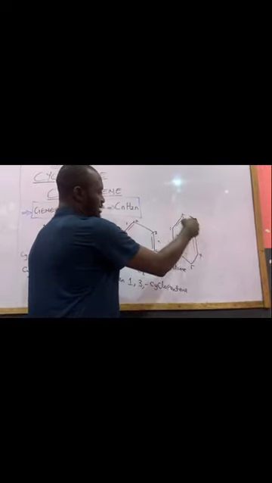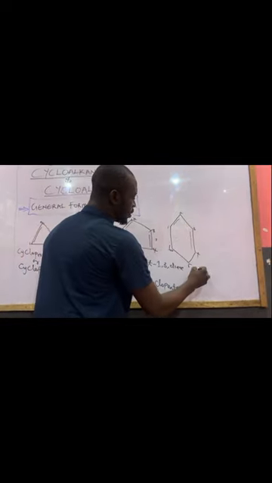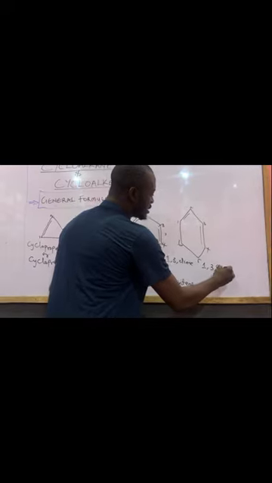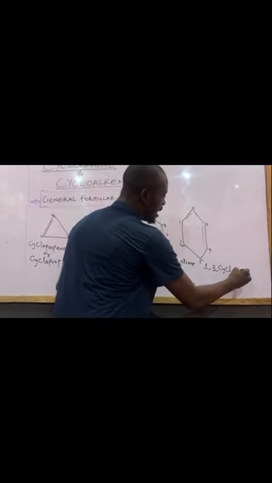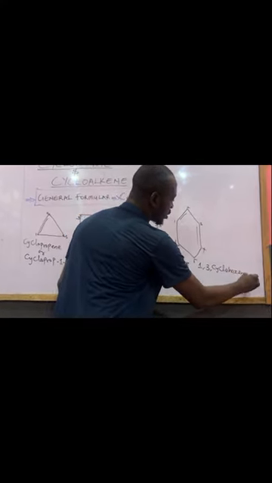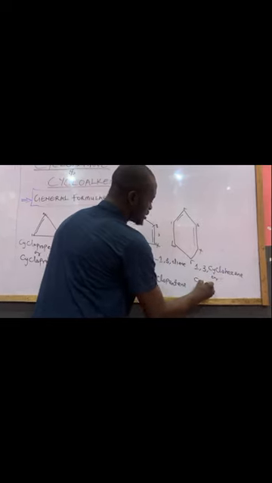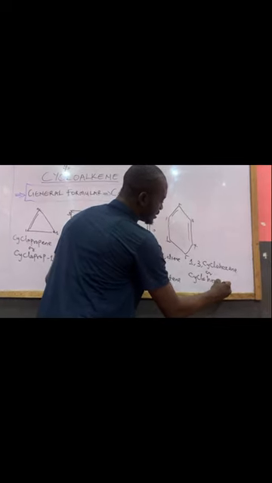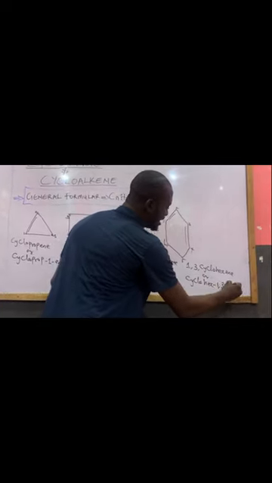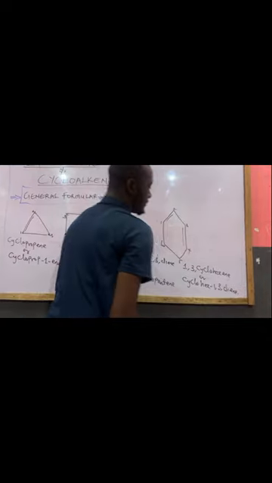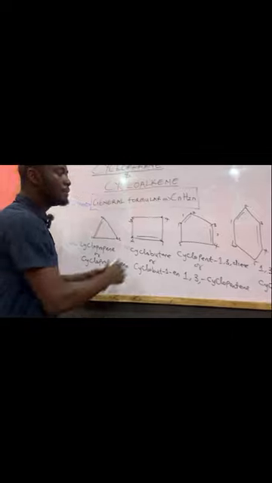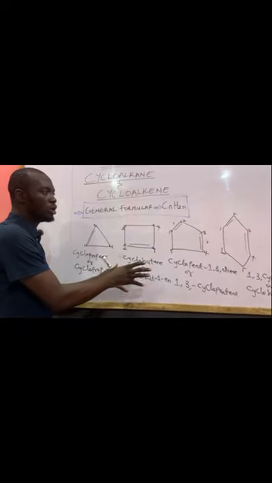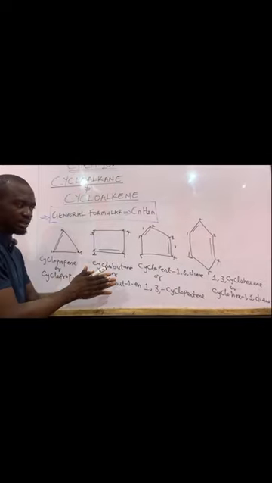Here you have 1, 3, so you'll be having cyclohexa-1,3-diene. So this is how to name basic cyclostructure in cycloalkene. Thank you.